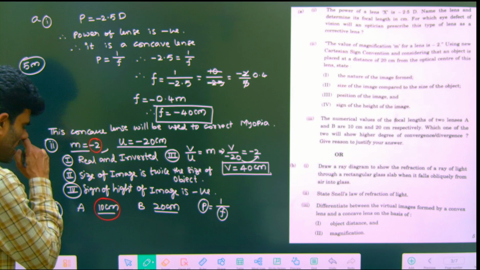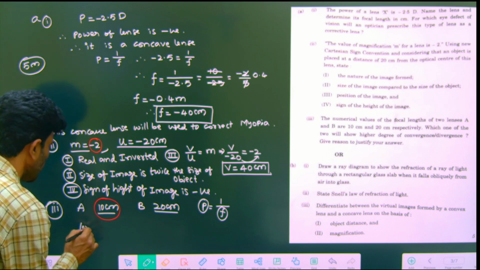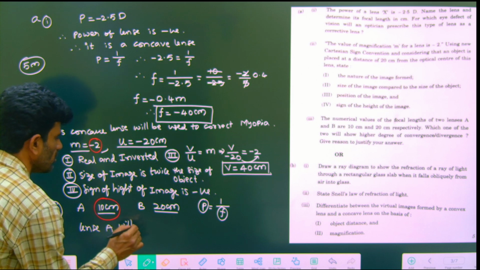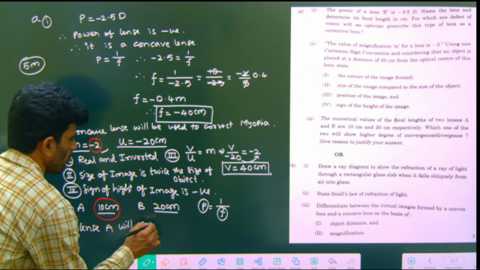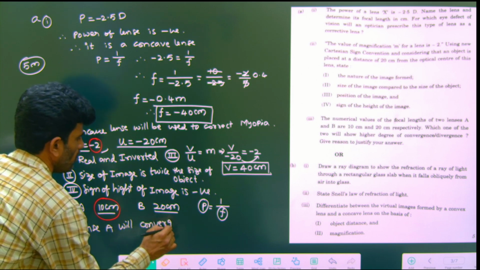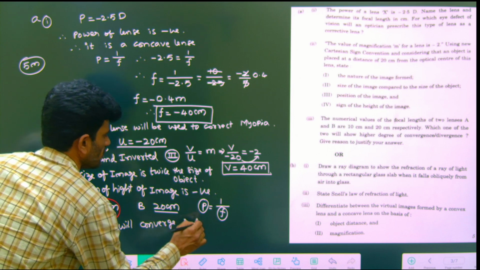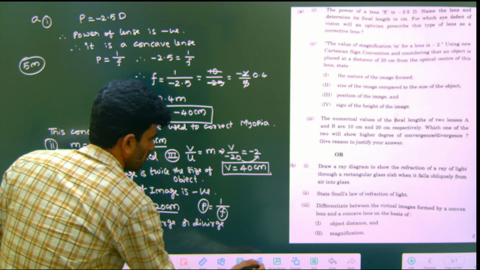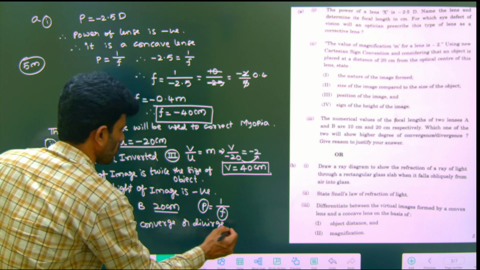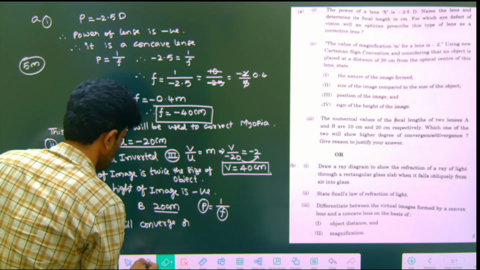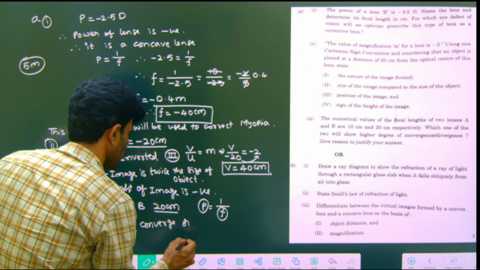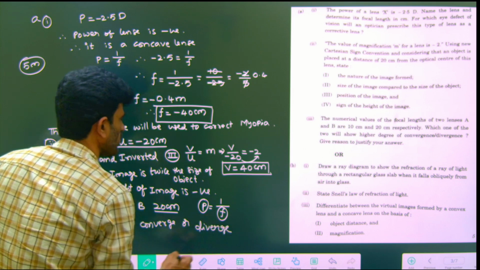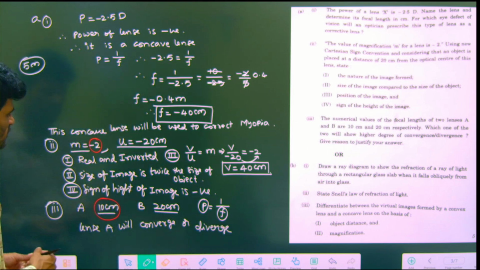So by this what we can understand? Lens A will converge or diverge more. Hope you understood why it will have more convergence or divergence, because its focal length is less.